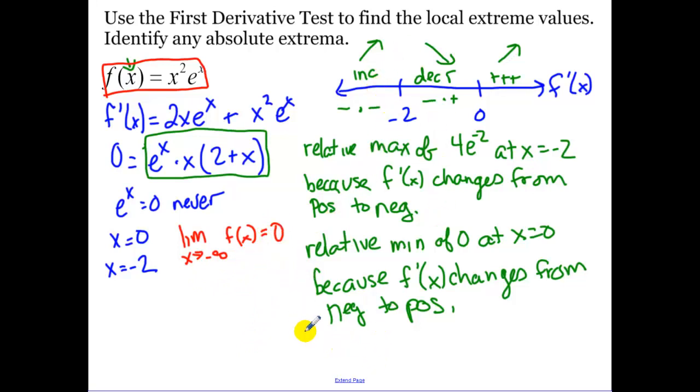So that means that we are going to have an absolute min of 0 at x equals 0.